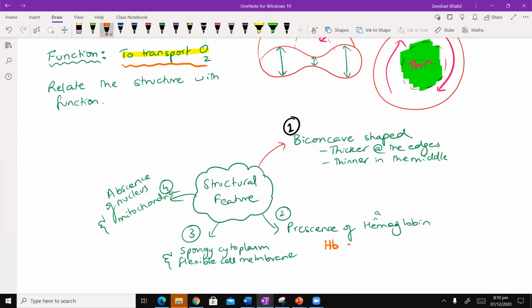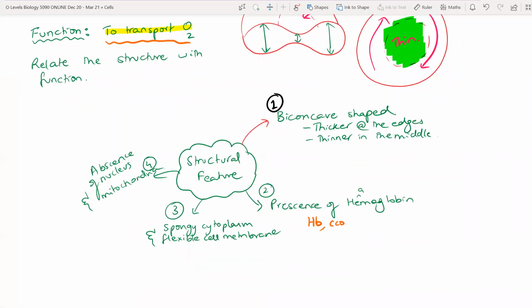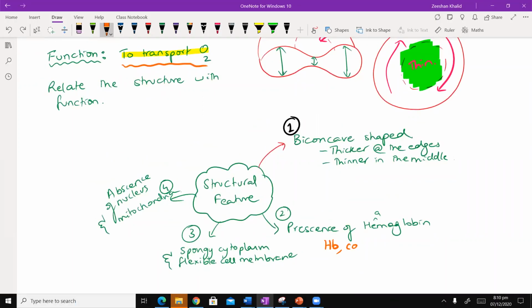Hemoglobin, represented by Hb, combines with oxygen to form, what's the name? Come on, give me the name. Oxyhemoglobin. So what I've written in green is the structure, and what I'm writing in orange, I'm relating that structure to the function.